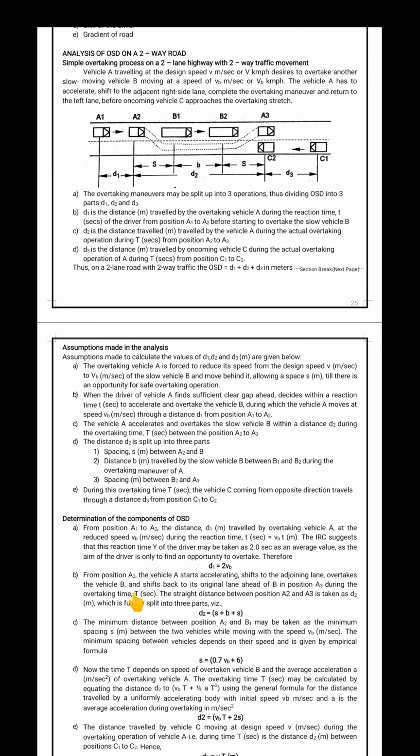Then vehicle A accelerates and overtakes the slow moving vehicle B within a distance D2 during the overtaking time capital T, between the positions A2 to A3. Now the distance D2 is split up into three parts. One is the spacing between A2 and B, and the distance b traveled by the slow moving vehicle between B1 to B2 during the overtaking maneuver of A.